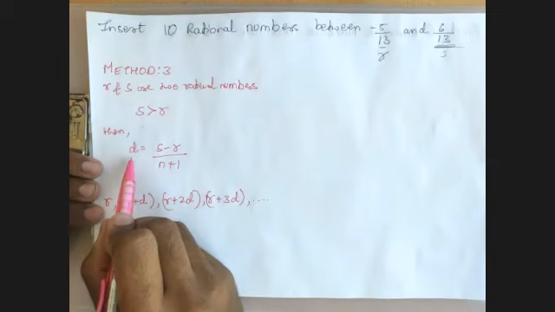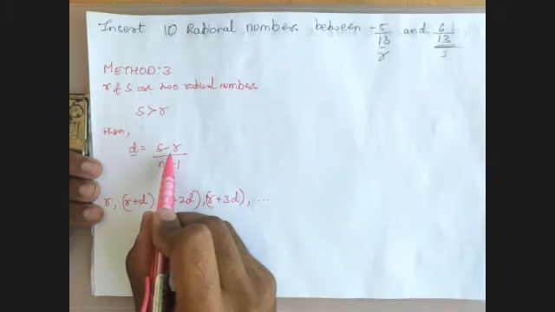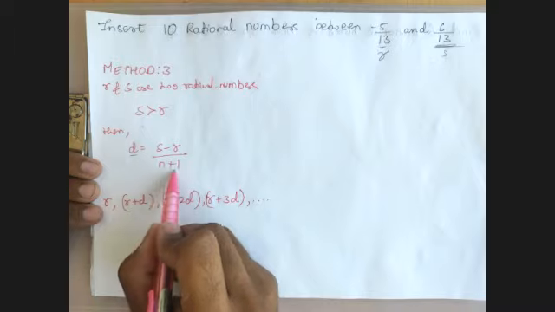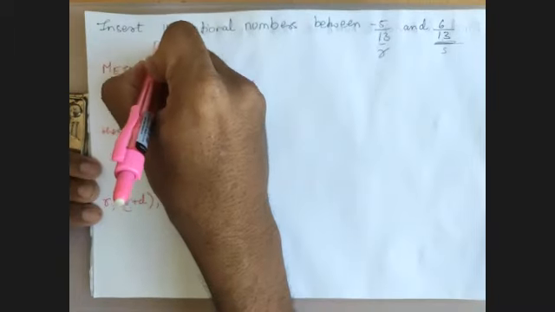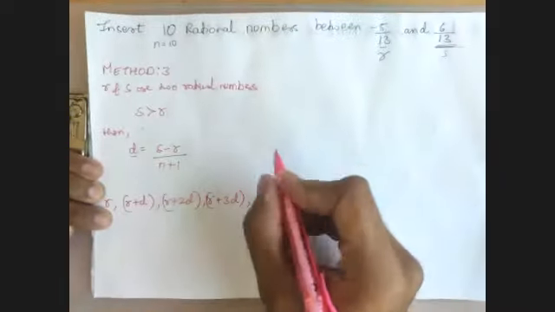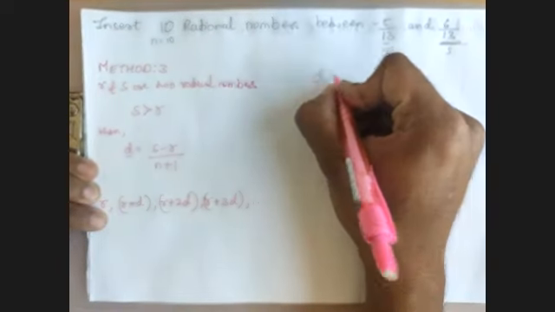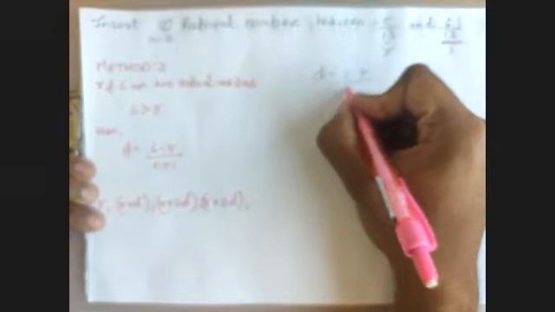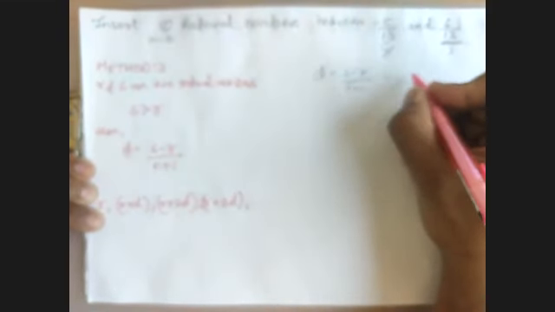Then we will find something called D. What is D? D is (S minus R) by (N plus 1). What is N? N is 10 here. So in our case, D is equal to (S minus R) by (N plus 1), that is (6 by 13 minus of minus 5 by 13) by (10 plus 1).